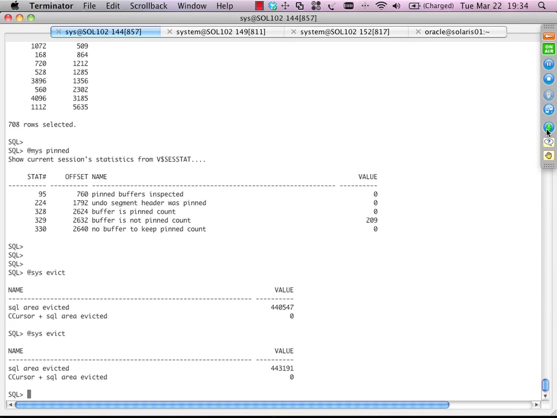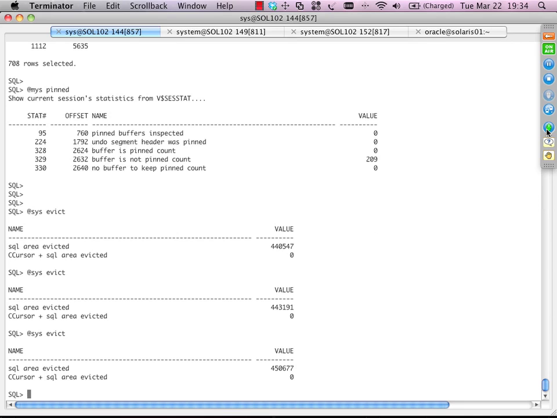One statistic which appeared in Oracle 10.1 or 10.2, which you also see in AWR and Statspack, is called SQL area evicted. This comes from v$sysstat, or DBA_HIST_SYSSTAT when it's AWR, or STATS$SYSSTAT when you query the Statspack tables.